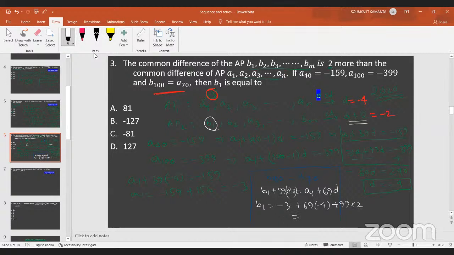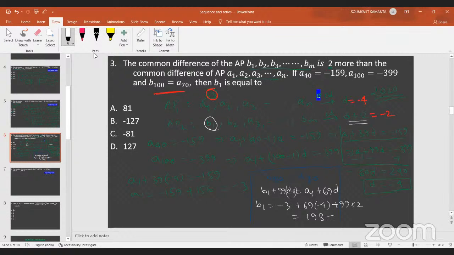Simplify and tell me the answer. Be fast. What is the answer? 99 into 2, that is 198.